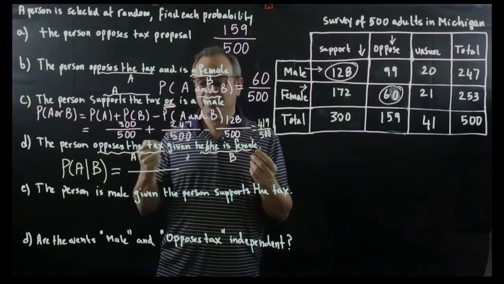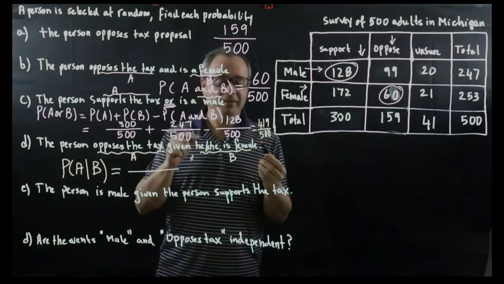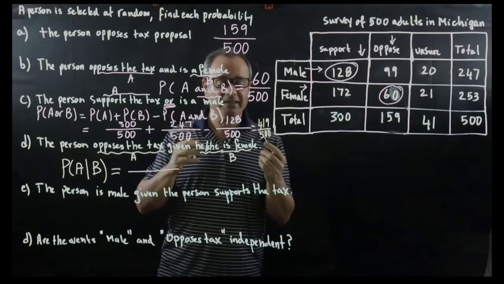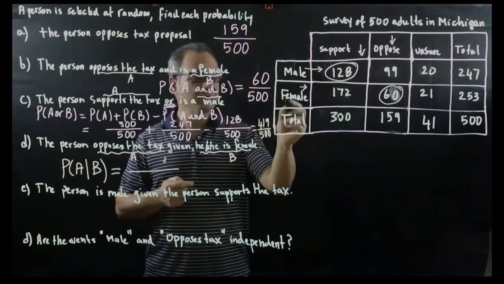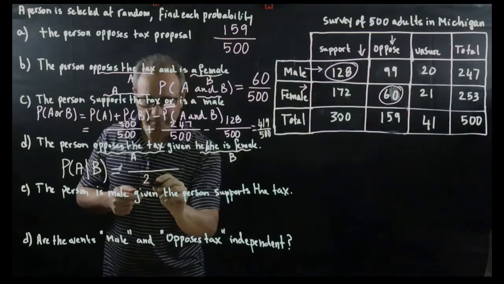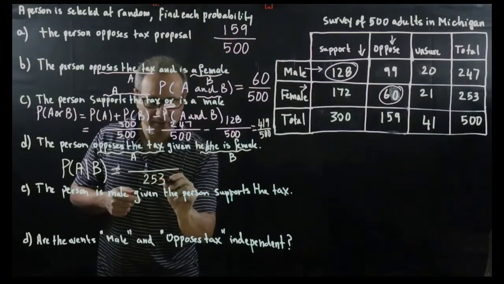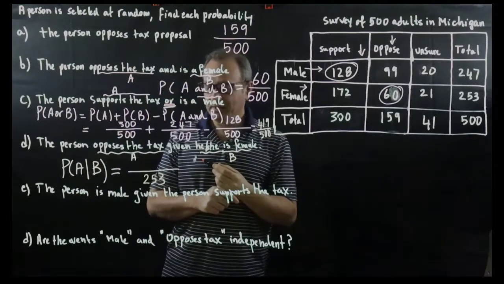He said, you select a person at random. What's the probability that this person opposes tax, given that this person is female? So he's asking us, we can only select from the female group of adults. And how many female adults do we have here? We have 253. So your denominator is going to change, and it's going to be 253.